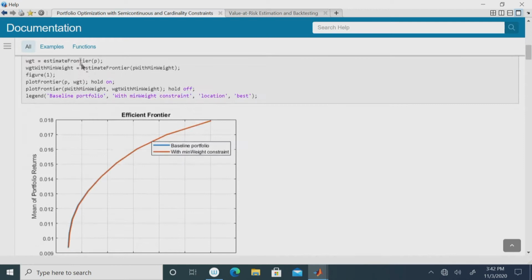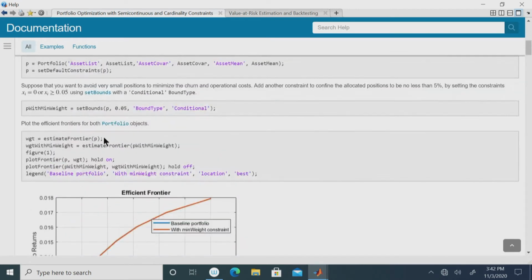The first of these, which is the unconstrained efficient frontier, I will call the baseline portfolio, and the second one we will call the minimum weight constraint portfolio.